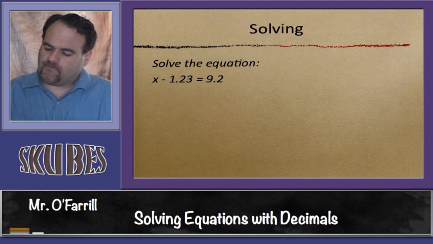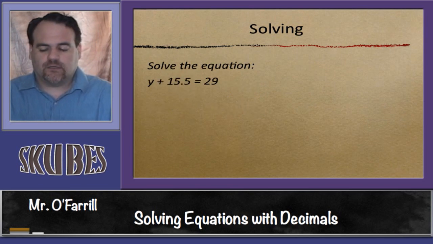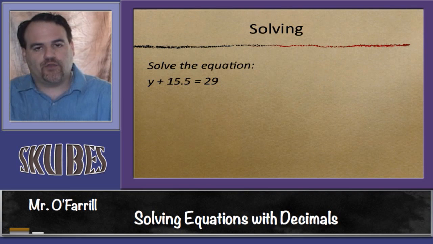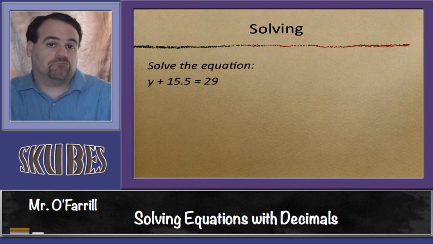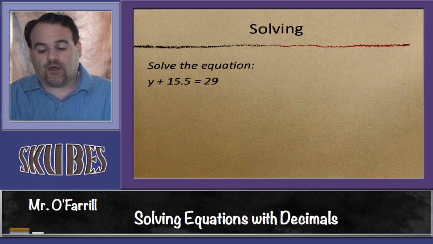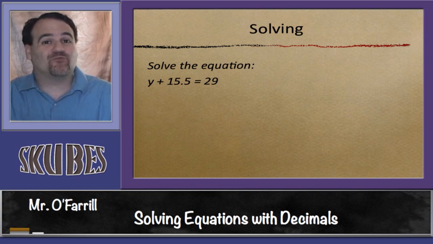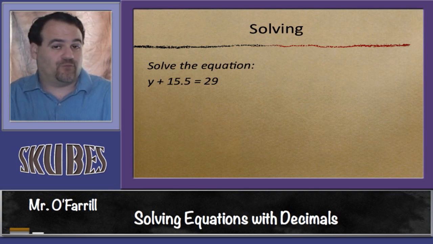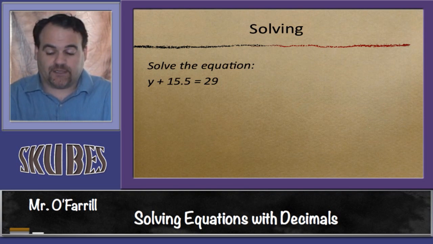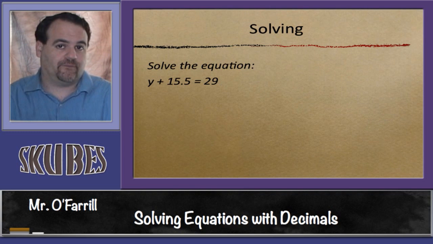But what if you just really don't like dealing with decimals? That's okay. On this problem, why don't we get rid of the decimal before we solve it? I only see one decimal. It's the 15.5.